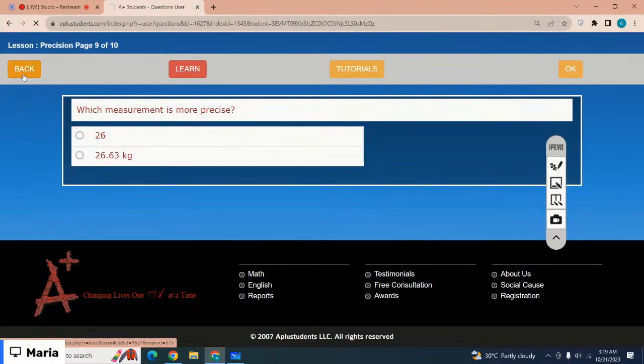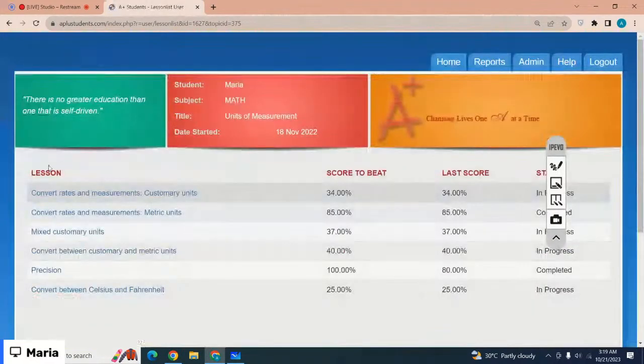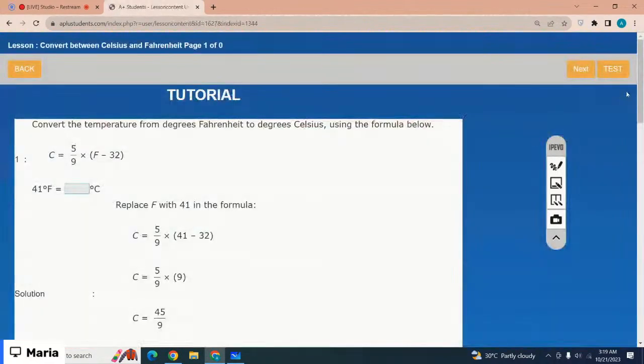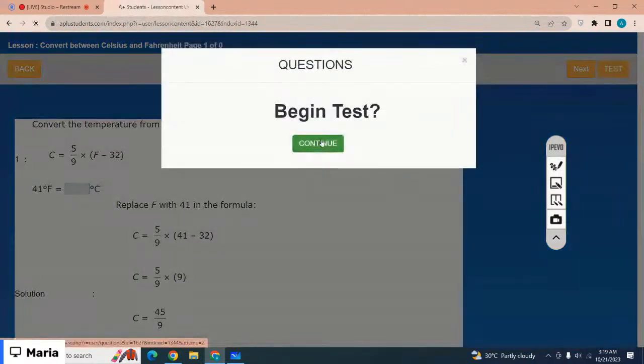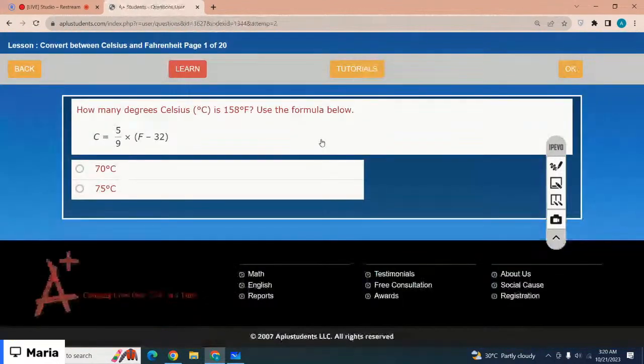Let's move on to the next lesson. The next lesson we did is convert between Celsius and Fahrenheit. So let's start with the practice questions.